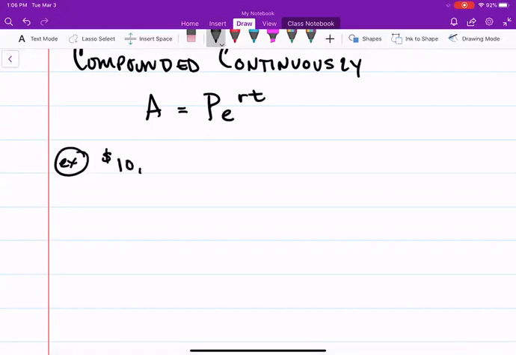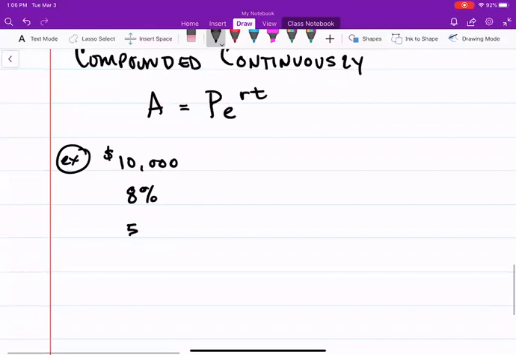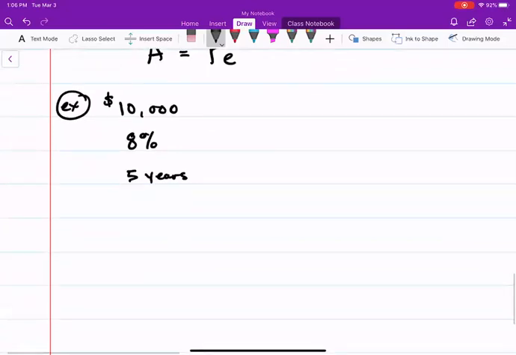It says $10,000 is invested in an annual rate of 8%. Find the balance of the account after 5 years, subject to a quarterly compound.